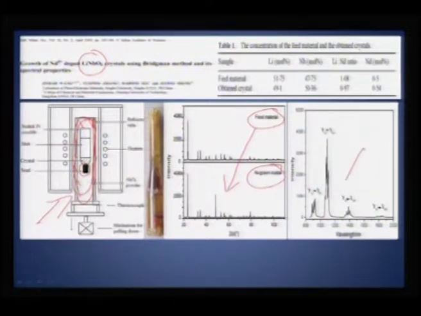And lithium niobate doped with neodymium, as I told you, is a very good optical material and shows PL at around 1200 nanometers. If you look at the purity of the crystals that we get, you can see a very good agreement between the feed material and the obtained crystal. You can see here not much change in the lithium content.